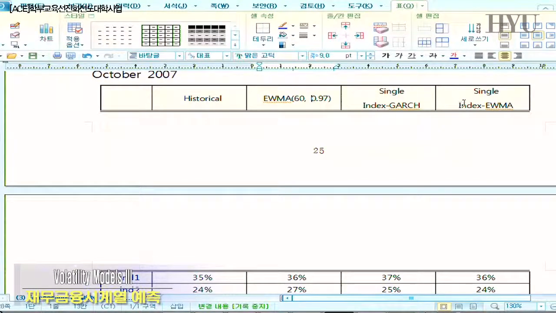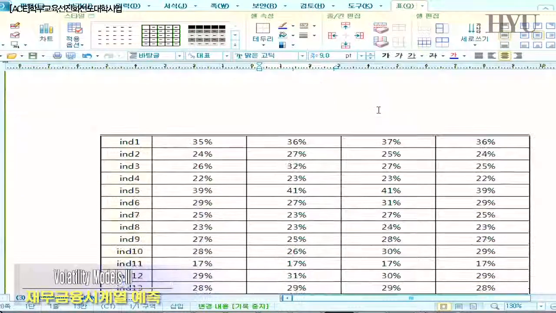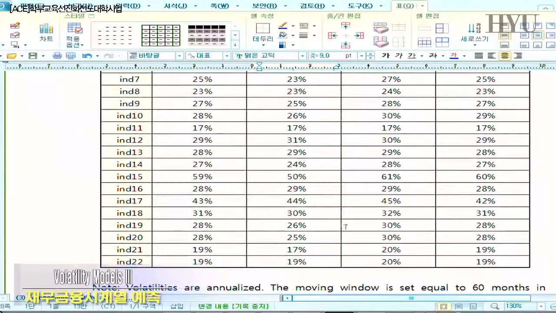So 4 different versions, and this is our default model in this case, today's lecture. So these are the numbers. Very similar, right? But at some point, could be different.